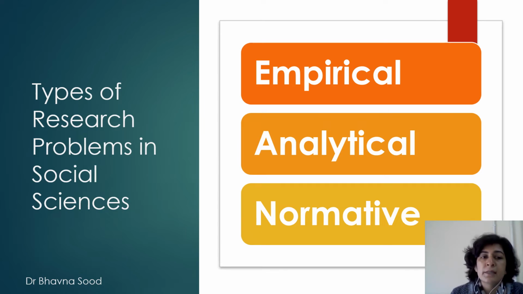Then there is analytical. You analyze what can be the outcome of what you are deciding. Then there is normative research, which shows what are the rules, the regulations of a society, how they have changed over a period of time.